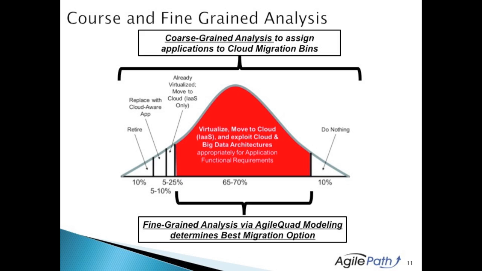In a coarse-grained analysis, and I'll step back for a second, the coarse-grained analysis is intended to be a set of questions that a business analyst, somebody with a minimal degree of technical knowledge, can answer. And if you're wondering what a coarse-grained question might be, the sample would be, for an application in your portfolio, do you have a business case to migrate?